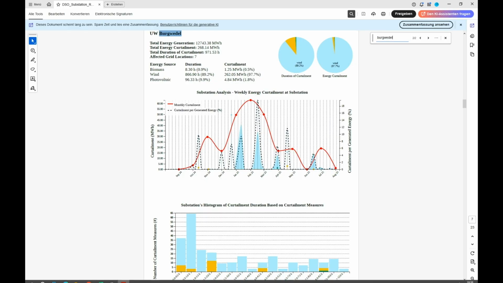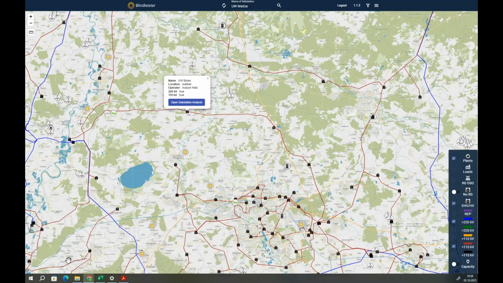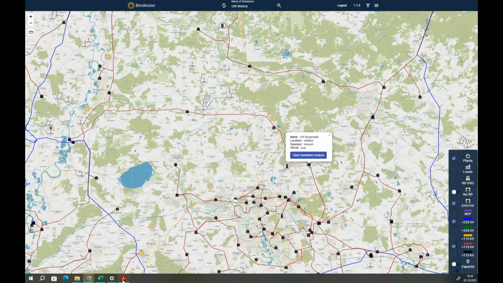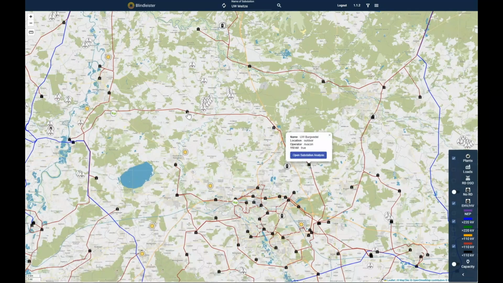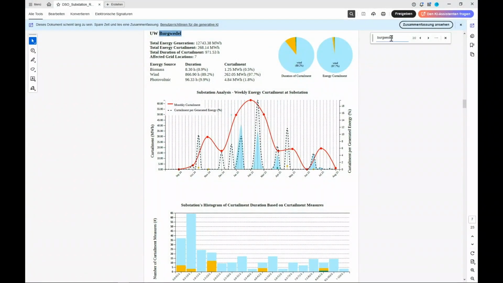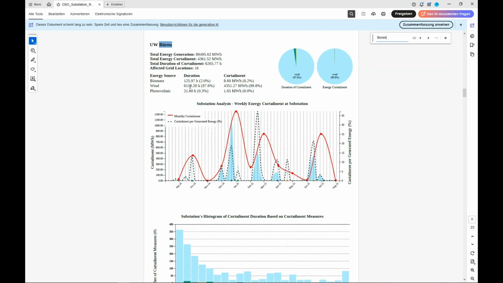And the last one, we can go back, is the substation Burgwedel. Oh, sorry, we got it already. UW Büren. Let's have a look at UW Büren, which is here, and also here we see a lot of wind curtailment, which is not good for wind.